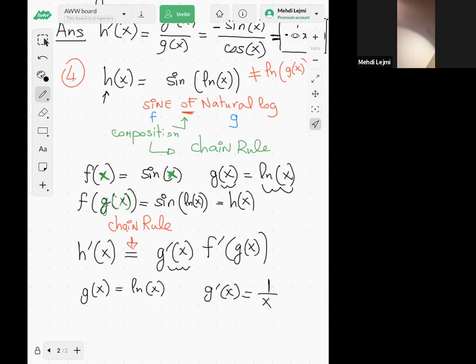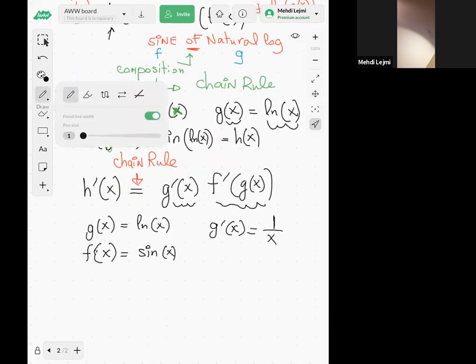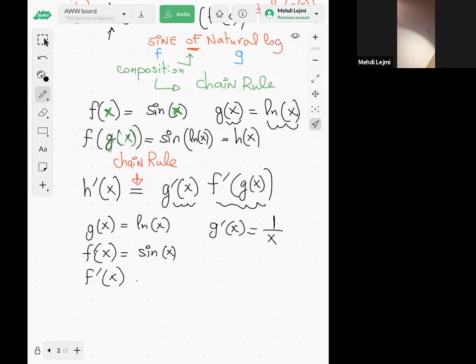Now, next, we have f prime of g of x. First, we need f prime of x. Well, f of x is sine of x, so f prime of x would be cosine of x.